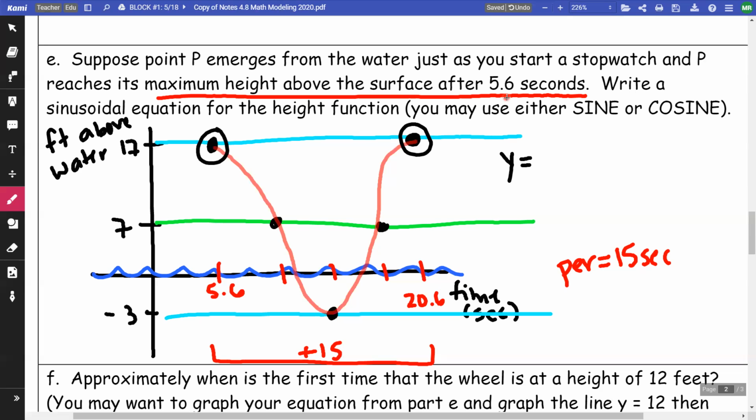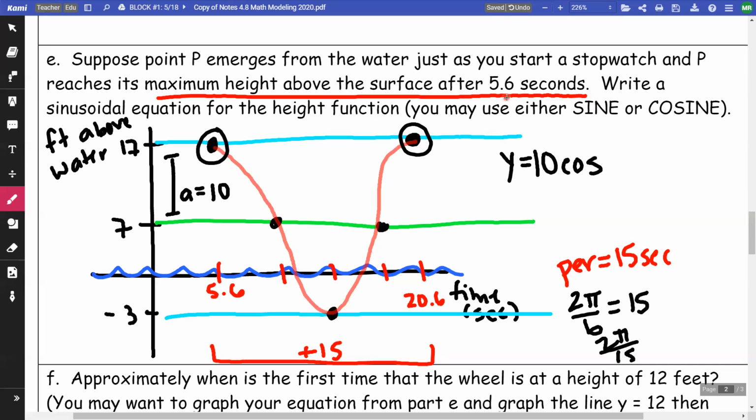And my amplitude is the distance from here to here, which was our radius, which was 10. It's going to be a positive 10. So 10 cosine. My period is 15, and I know 2 pi over b equals 15. So 2 pi over 15 equals b.